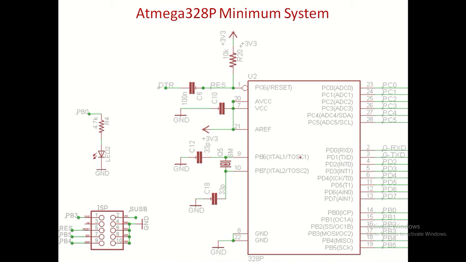So ISP. There is an ISP port on the microcontroller, port B, and whether it is a bootloader or an application program, one can load it into the flash memory through USB ASP. So that is enough. This much circuit is enough to test whether this controller is working or not.